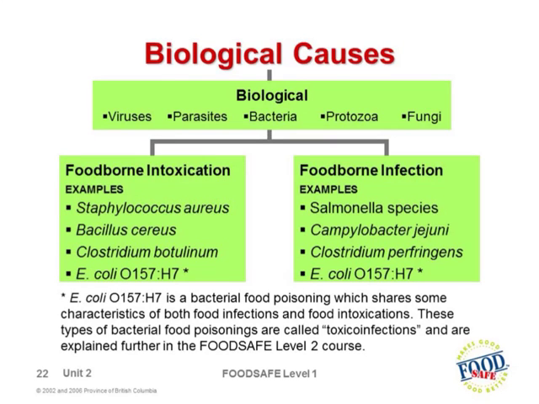So, biological causes. We looked at those 5 different pathogens that can cause biological foodborne illness: viruses, parasites, bacteria, protozoa, and fungi. But those 5 groups can then be broken down into 2 different kinds of biological causes: foodborne intoxication and foodborne infection.